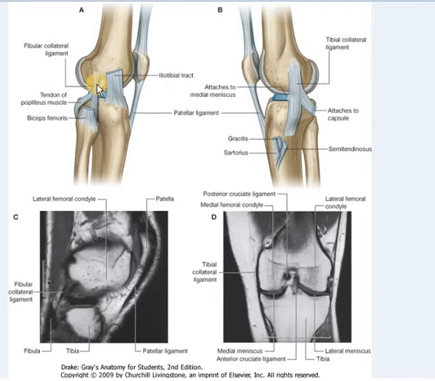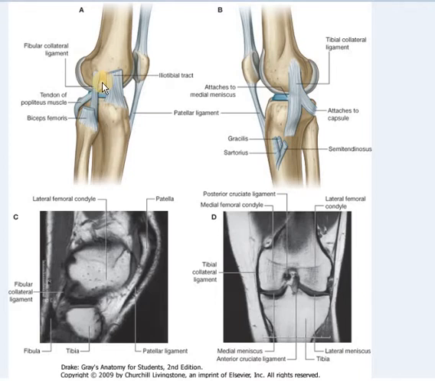This fibular collateral ligament is attached superiorly to the lateral femoral condyle, just above the groove of the popliteus tendon. You can see this tendon, the popliteus tendon.